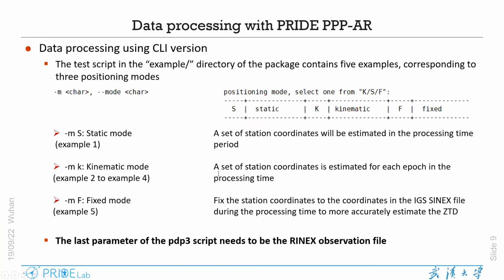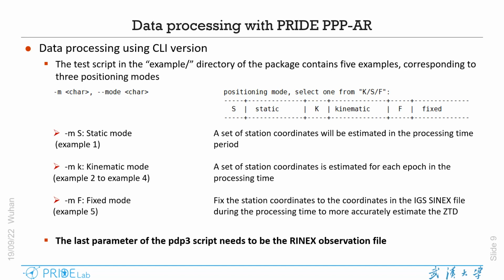The 5 instances of the example directory are divided into 3 position modes: static, kinematic, and fixed, specified by the -M parameter. The static mode estimates a set of station coordinates during the processing time, and the kinematic mode estimates a set of station coordinates for each epoch in the processing time.